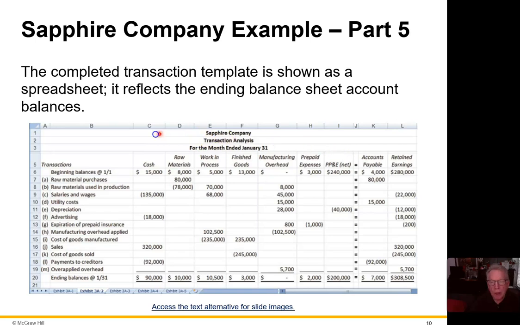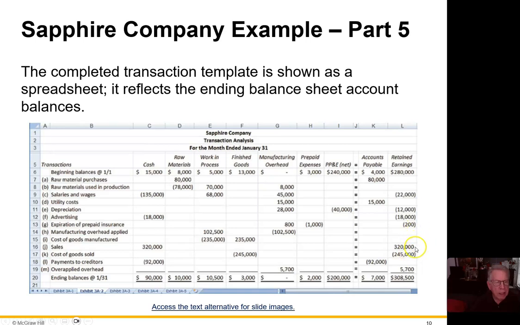This was all the assets. Now the liabilities on accounts payable were shown here. Okay, and so this accounts payable, of course, and then retained earnings. Started with beginning retained earnings. And we subtracted out all our expenses here, including cost of goods sold.